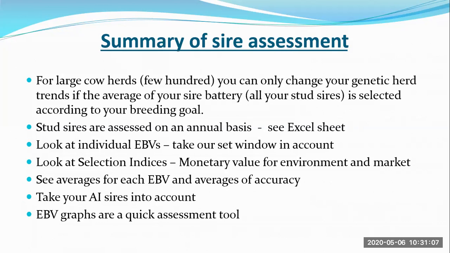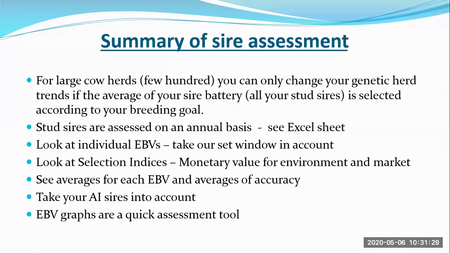And then if we summarize an average of each EBV for every trait, you can get a good indication of the big trend. I'll refer to that just now in more detail.